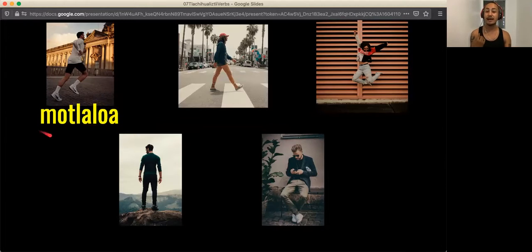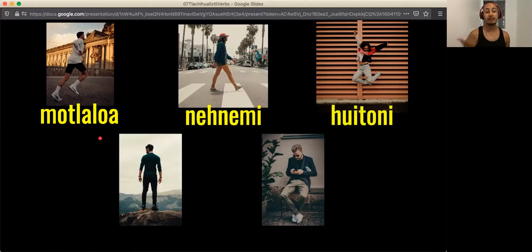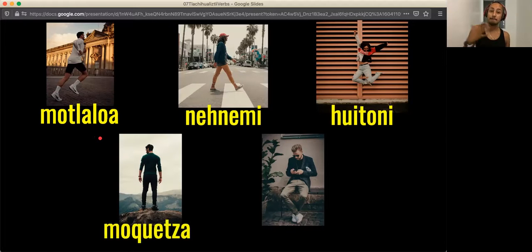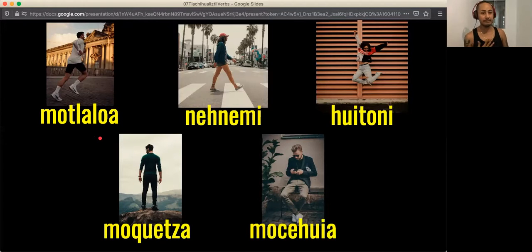So it's not motlaloa with the stress on the first syllable, it's motlaloa with the stress on the O, okay? So inin tlacat motlaloa, inin siwat nehnemi, inin siwat huitoni, inin tlacat moquetza, and inin tlacat mosewia.